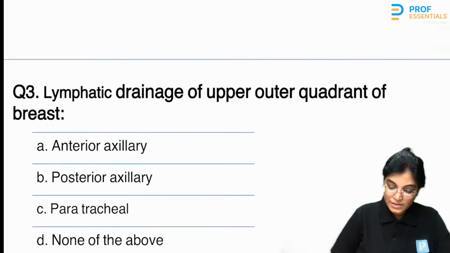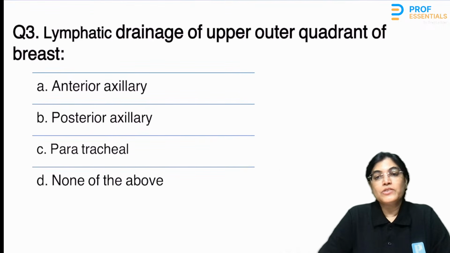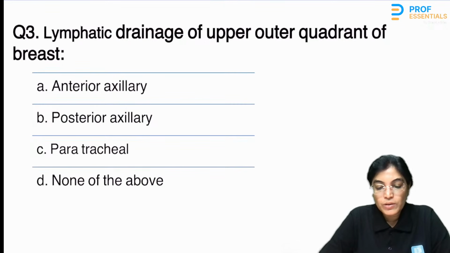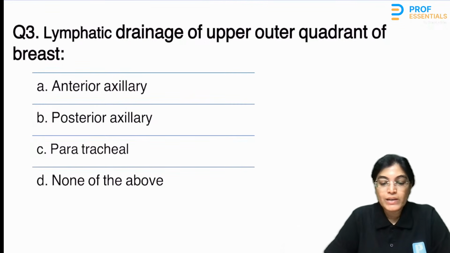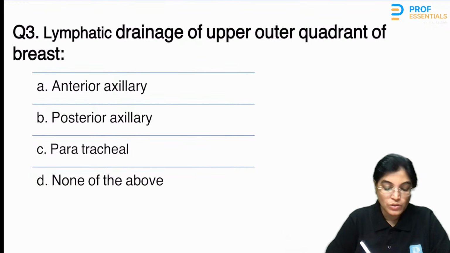Now moving to the next question, question number 3. Lymphatic drainage of the upper quadrant of the breast will be mainly going towards the anterior group of axillary lymph nodes, posterior group of axillary lymph nodes, paratracheal lymph nodes, or none of the above. If I talk about the primary pathway of upper quadrant lymphatics, the right answer is the anterior or pectoral group of lymph nodes.